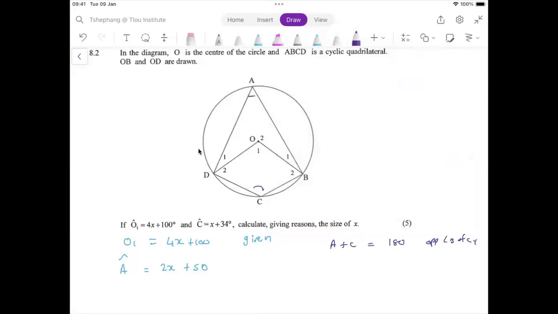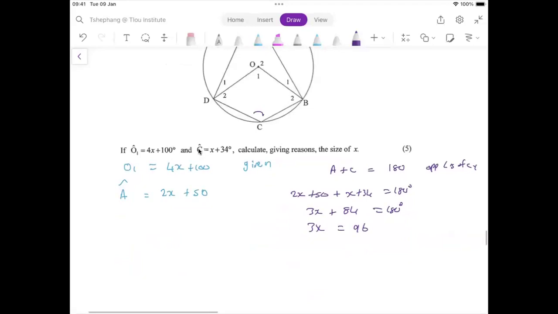Now we can simply say that 2x plus 50 plus, what is C? x plus 34 is equal to 180 degrees. Now 3x plus 84 equals 180 degrees, and it's just a matter of simplifying. 3x is equal to 96. Then x must be equal to 32.